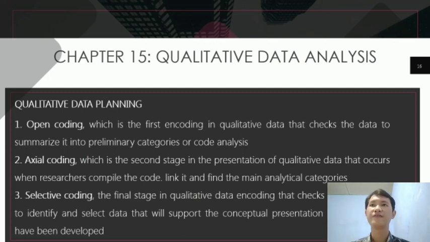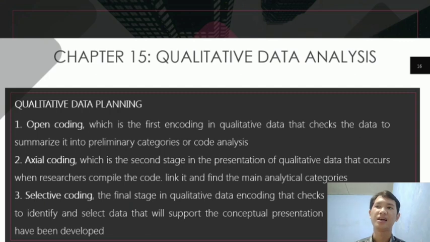And then chapter 15 is qualitative data analysis. First, open coding, which is the first encoding in qualitative data, checking the data to summarize it into preliminary categories or coded analysis.